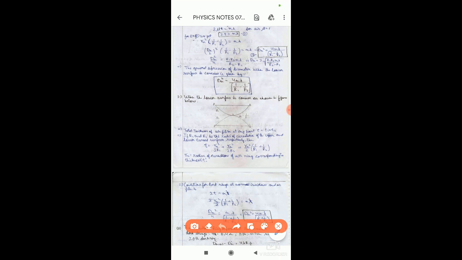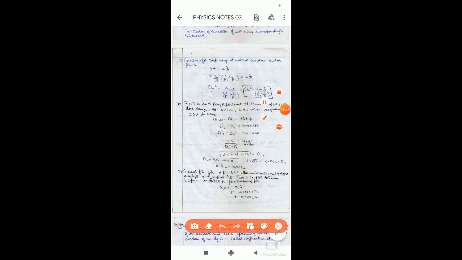So the condition for dark rings at normal incidence and for air film is given by 2T equal to n lambda, because the refractive index for air is 1. Now put the value of thickness T and you get the desired result.